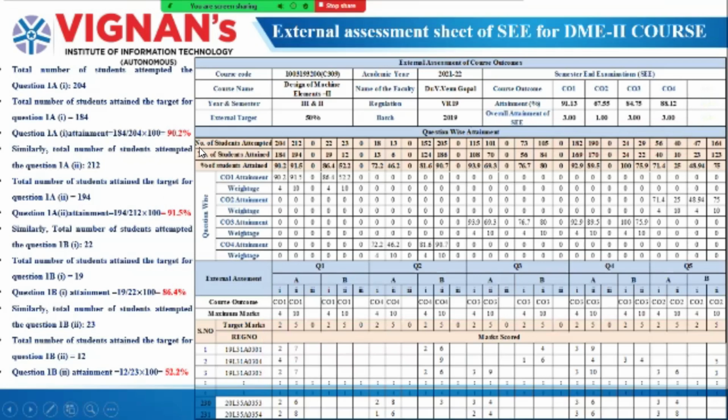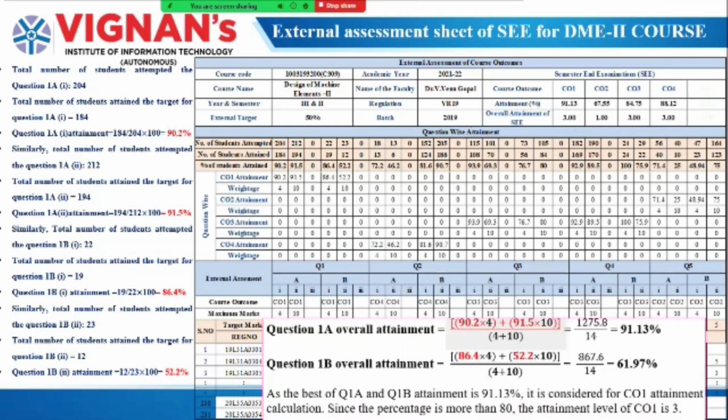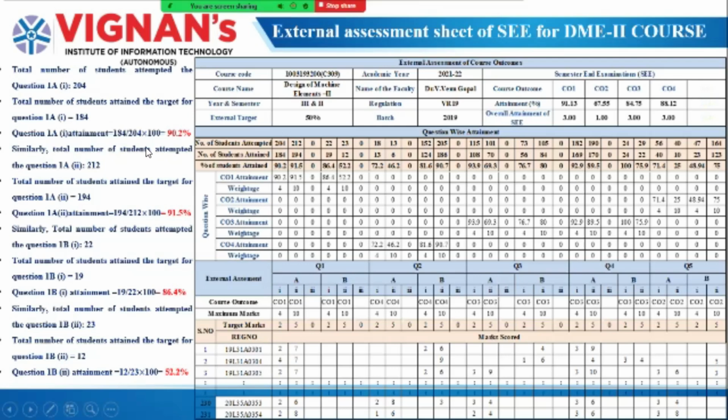Similarly, from each A and B, you will take the best of question 1A or question 1B attainment. Here we will find the attainment for both A bit and B bit. As you know, in the examination also, students have to answer any one question and we will take the best marks.